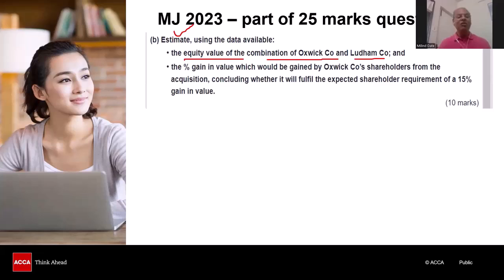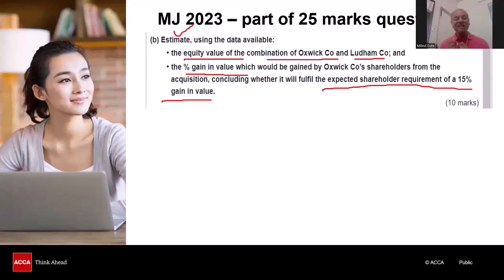And then you are also supposed to calculate the percentage gain in the value, which could be gained by the acquiring company shareholders from the acquisition to conclude whether it will fulfill the expected shareholder requirement of 15% gain in the value. Now, you need to understand the requirement very clearly. First, you are asked to calculate the combined equity value.